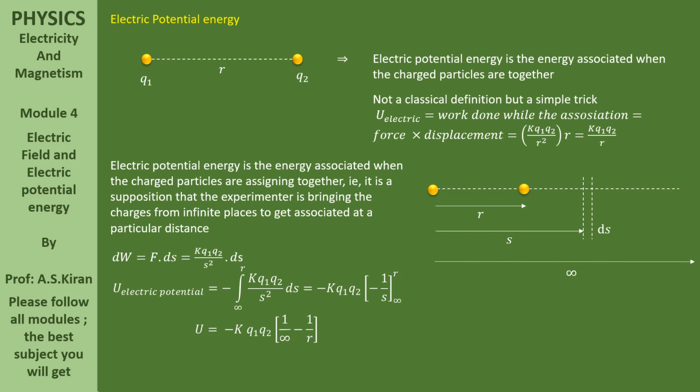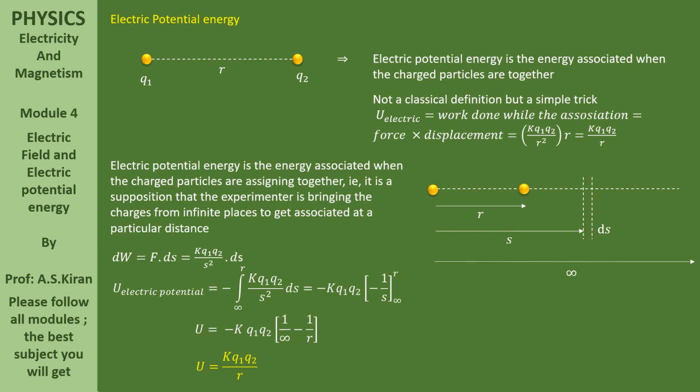So U is equal to minus kq1q2 in bracket 1 by infinite minus 1 by r. Of course 1 by infinite is 0. This minus and the minus sign inside the bracket get cancelled. So finally you will get the answer U is equal to kq1q2 by r.